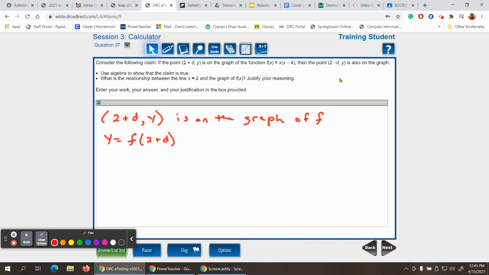If that's on the graph, that means y equals f of 2 plus d.